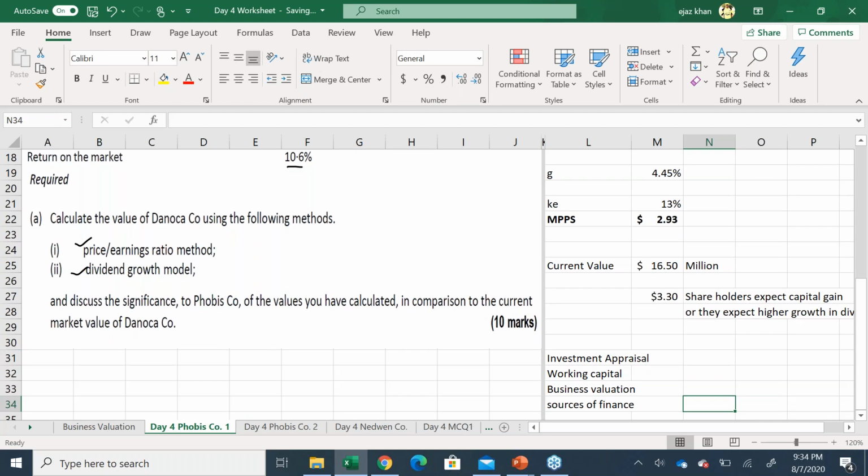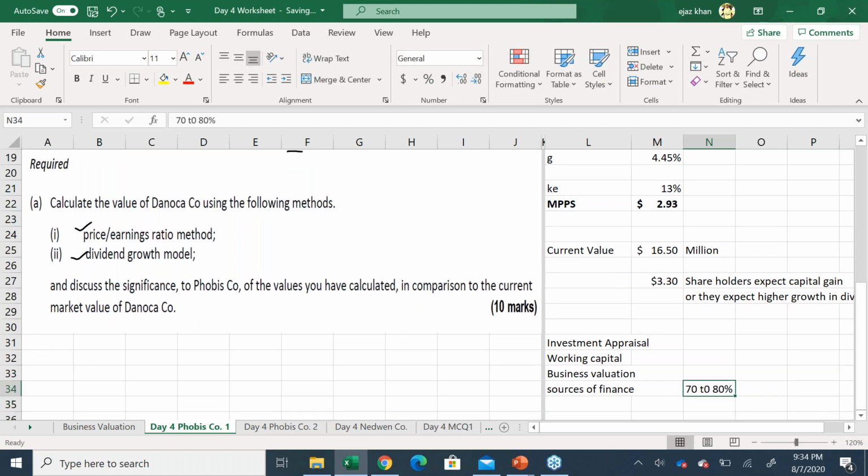I believe they cover 70 to 80% of your exam weightage. If someone is very good at these 4 areas, he will have no chance of failing the exam. Risk management is there, but it's in the other 20% area.